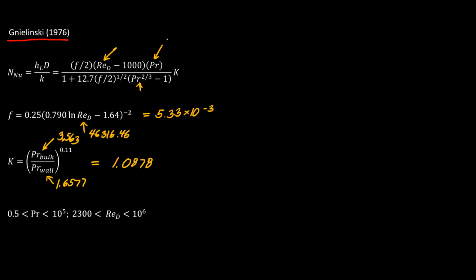Okay, so once again, 3.563. This is 46316. Okay, plug the value of K here, this one, and then plug the value of F here. Let's see the value of Nusselt number.